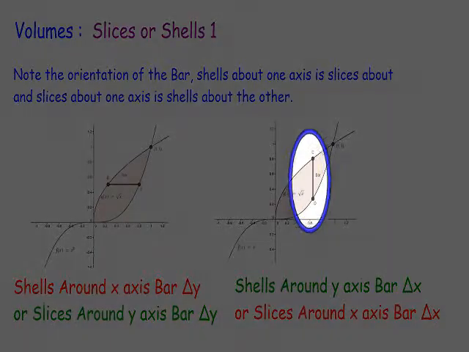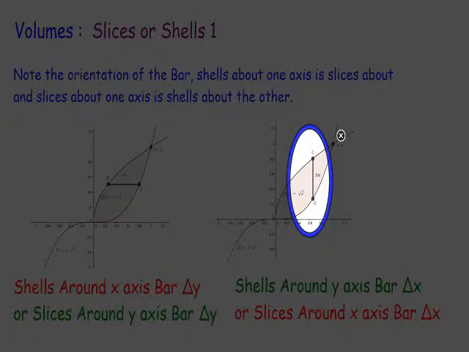you can see where our bar is. Our bar is now CD, and it's perpendicular to the x-axis or parallel to the y-axis. Now, in both cases, its thickness is delta x, because I'm going to be moving it through the shape along the x direction, and it'll make a slice around the x-axis and a shell around the y-axis.